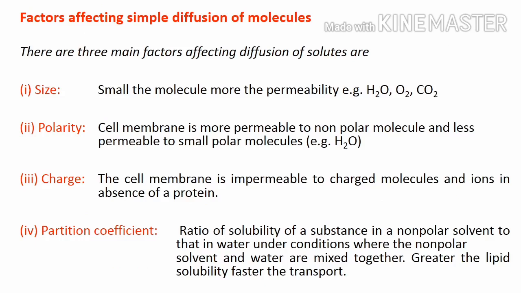As we know, the plasma membrane is permeable to water molecules as well as oxygen and carbon dioxide. How these molecules are transported without the help of any protein depends on various factors such as size, polarity, charge and partition coefficient, and one by one we will understand that.